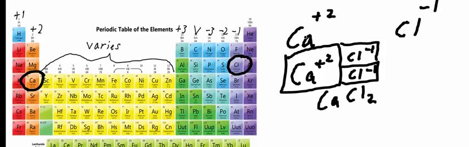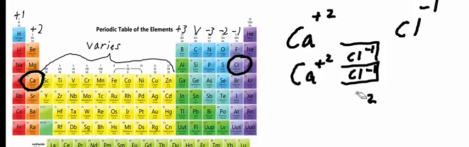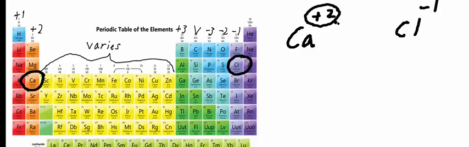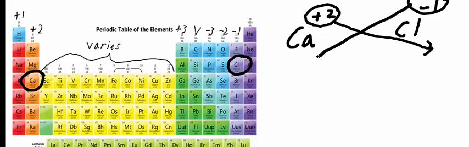So what I'm going to do real quick is go ahead and erase this. And then we're going to show exactly how to do the new form, which is called the crisscross method. Now, the crisscross method is exactly how it sounds. So the first thing you're going to do is take one of the charges, so we'll take the 2 plus in calcium, bring it down, crisscross it over, and then we're going to grab the other charge and bring it down the other side.